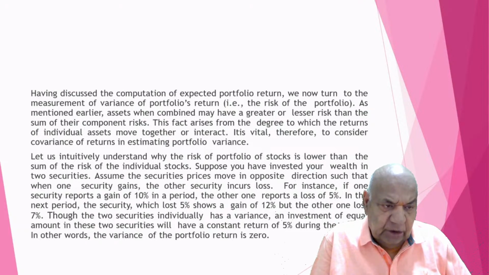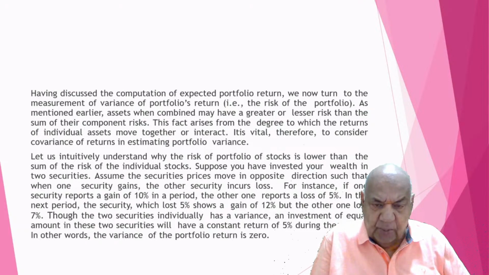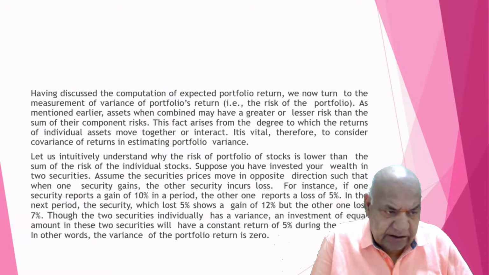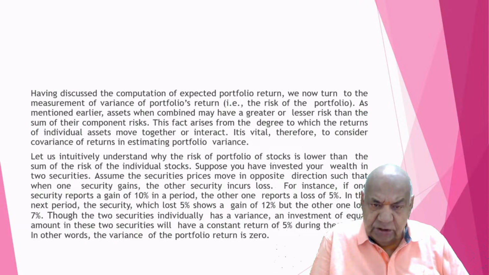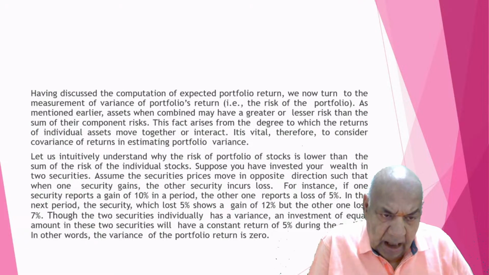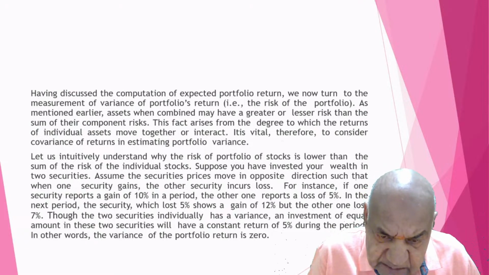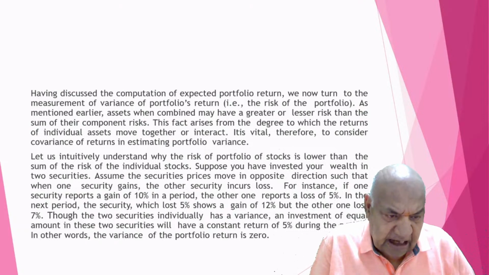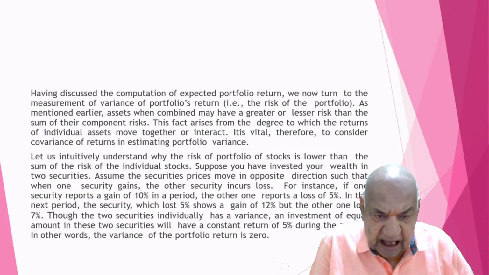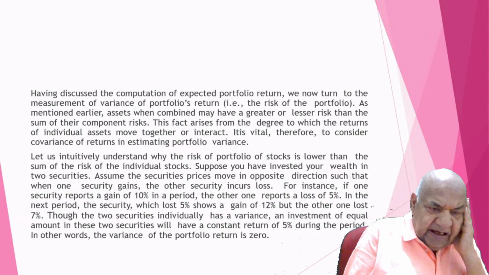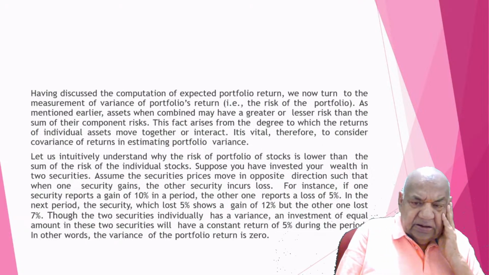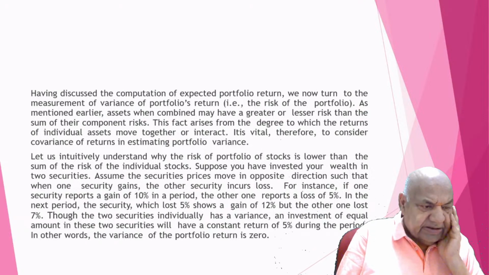Let us intuitively understand why the risk of a portfolio of stocks is lower than the sum of the risk of the individual stock. Suppose you have invested your wealth in two securities. Assume the securities prices move in opposite direction such that one security gains, the other security incurs losses. For instance, if one security reports a gain of 10% in a period, the other one reports a loss of 5%.